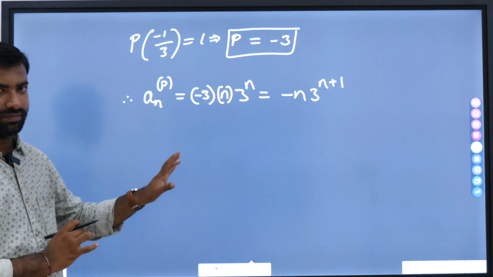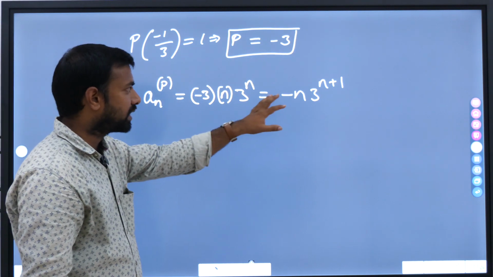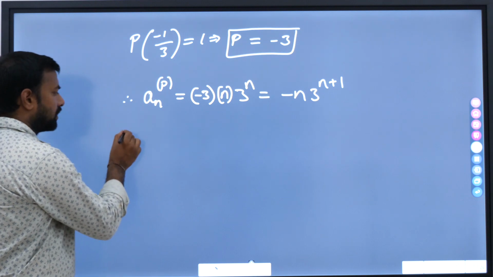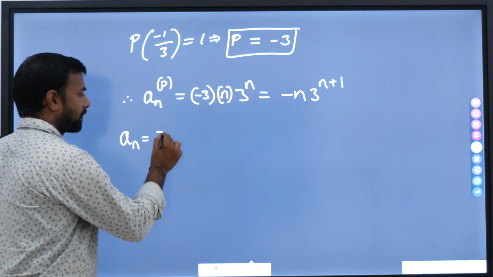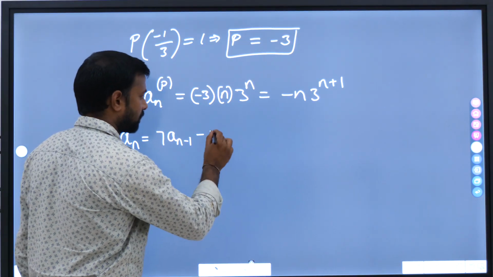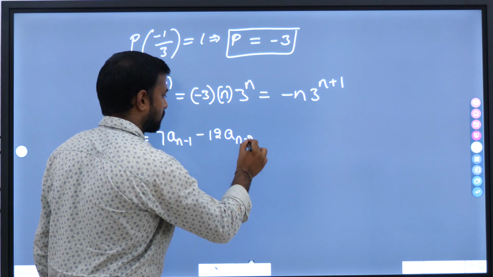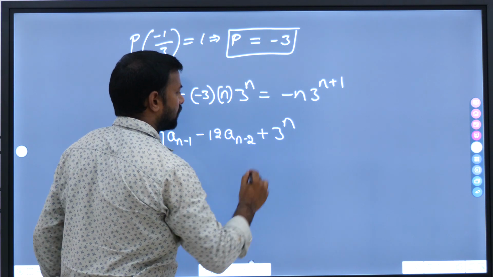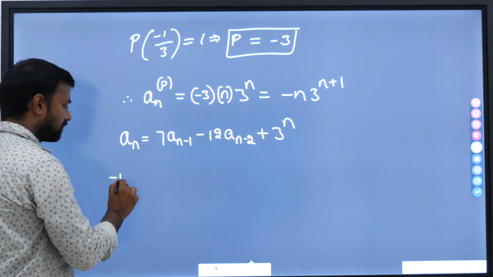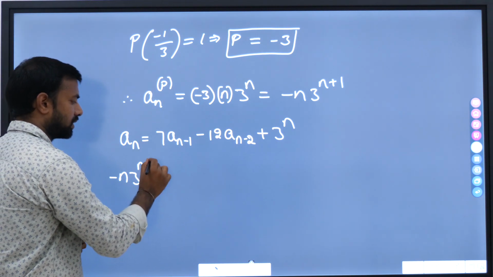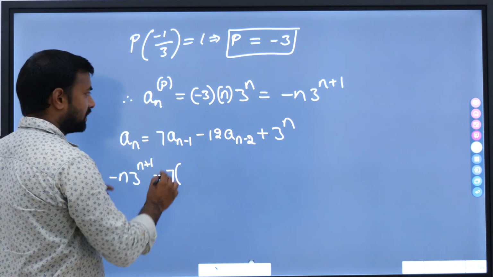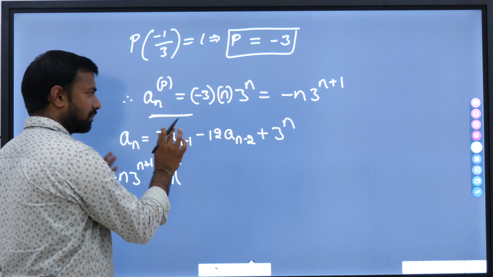Okay, let us verify whether we got it correct or not. For that, I need to take the given expression and substitute this expression here. Let me substitute. So here minus n into 3 power n plus 1, that equal to 7 into, see the problem is over here.